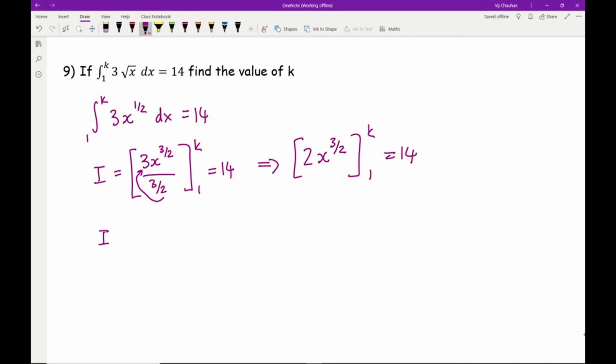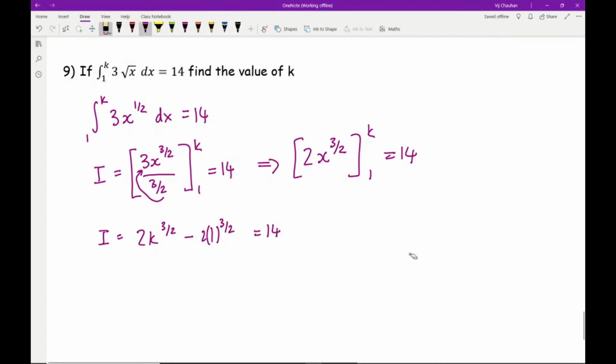So from this I can then substitute 2k to the power of 3 over 2 minus 2 times 1 to the power of 3 over 2, and that equals 14.